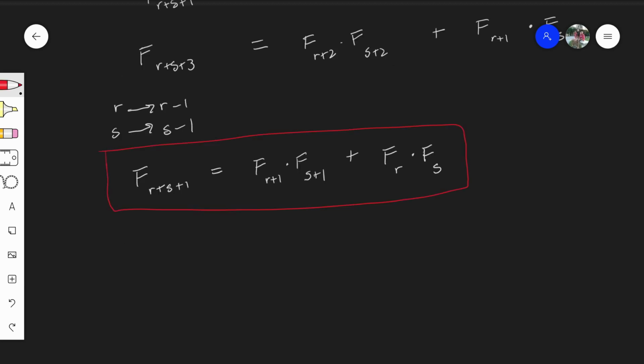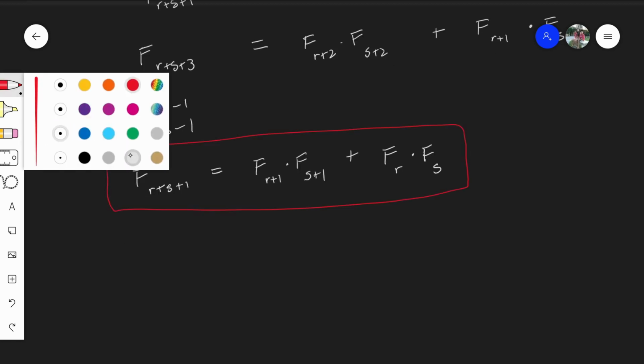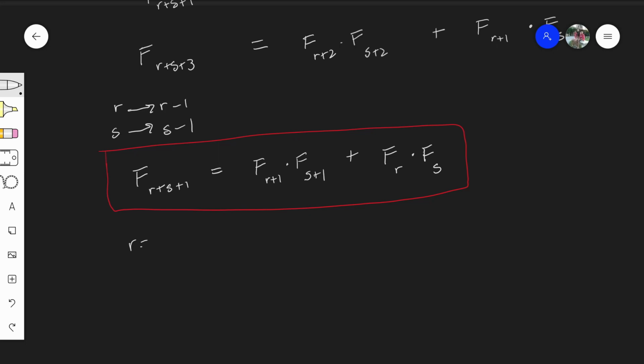This gives us some more specific formulas. For example, if R equals S equals N, then we actually have the 2N plus 1 Fibonacci number is equal to the N plus 1 Fibonacci number squared plus the N Fibonacci number squared.